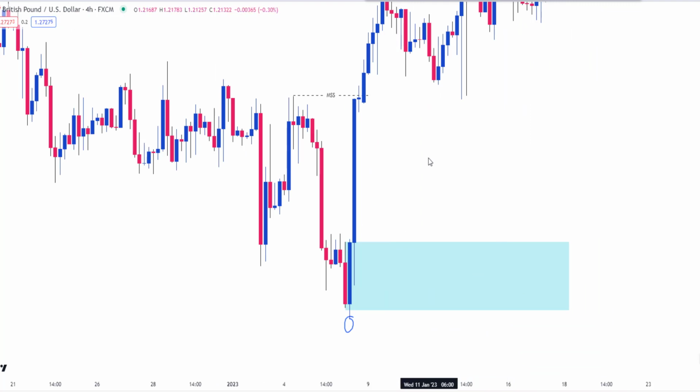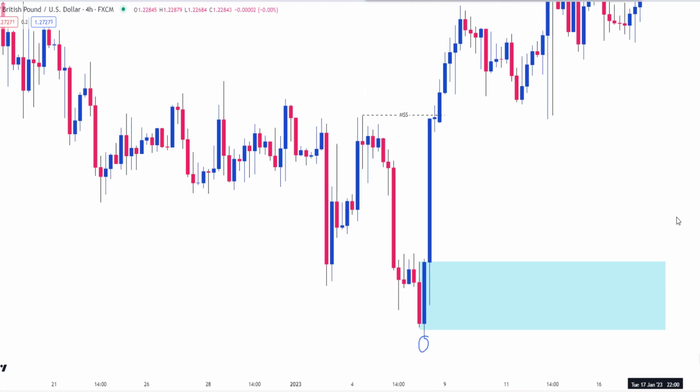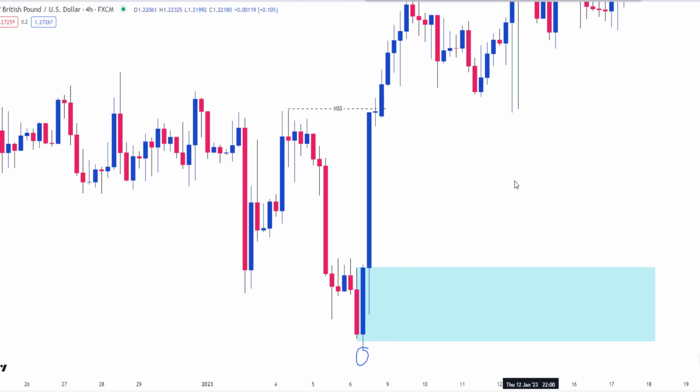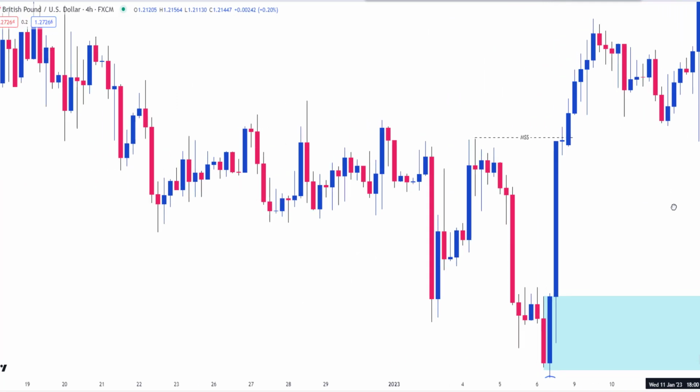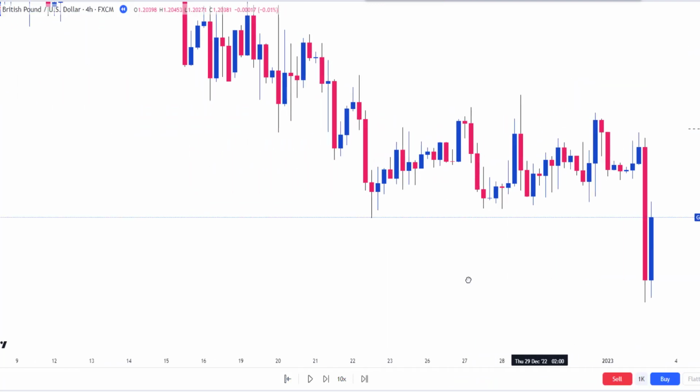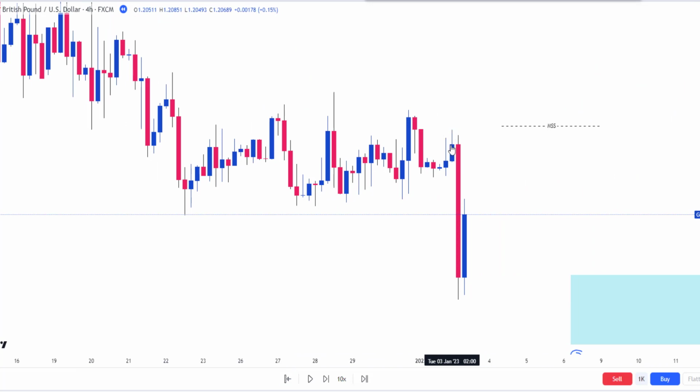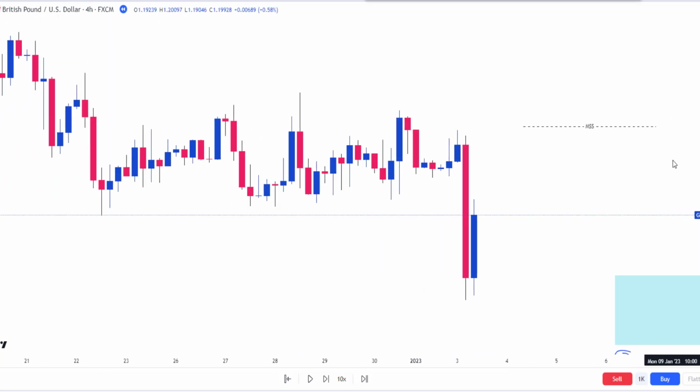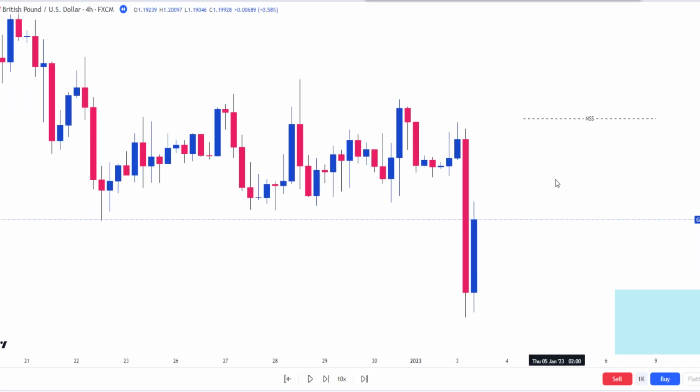So let's look for another order block and see if we can have an order block. So look at this. Is this an order block? Let me show you that. This last blue candle, is it an order block? Now you will have to sit and watch and know whether this is an order block.